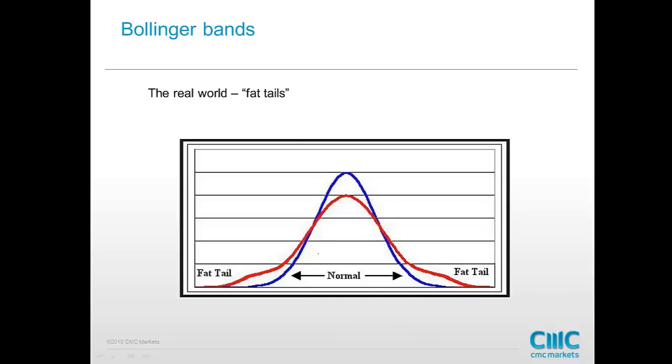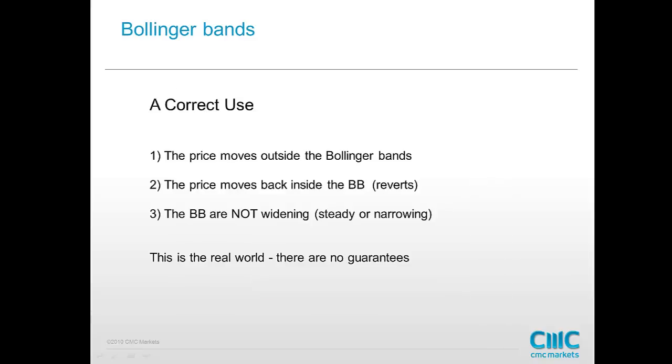Now, I've mentioned before that Bollinger Bands, in my experience, both as a trader and as a manager of traders, are amongst the most misunderstood and therefore misused indicators. So let's move towards a correct use of Bollinger Bands. Now, remembering that the underlying principle is that the price moves outside the Bollinger Bands are extreme events or less common events, and that the signal that we're looking for is that we'll see a move back towards the average price.